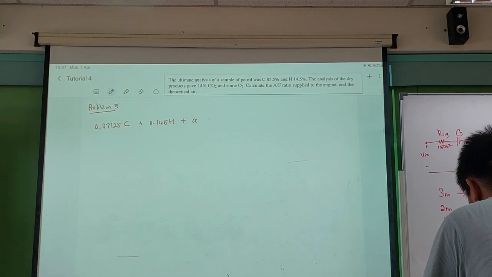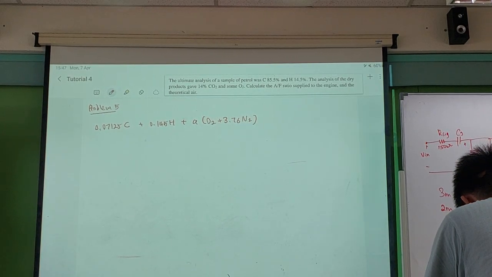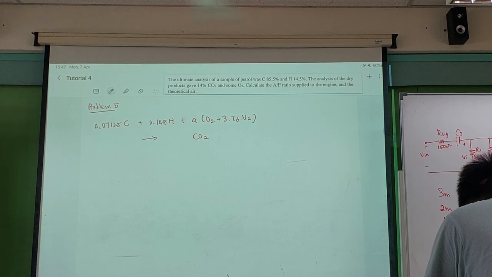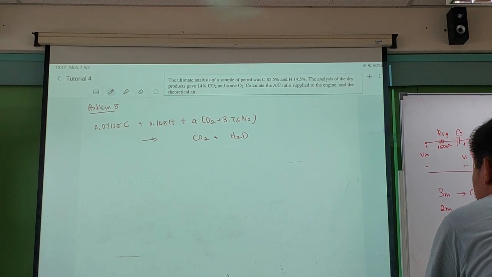So in this case, the initial part of the equation is exactly the same. We do not know how much air we have. But we know that at the product we have CO2 and some O2. Don't forget that H2O should always be there, otherwise you'll change the ratio.